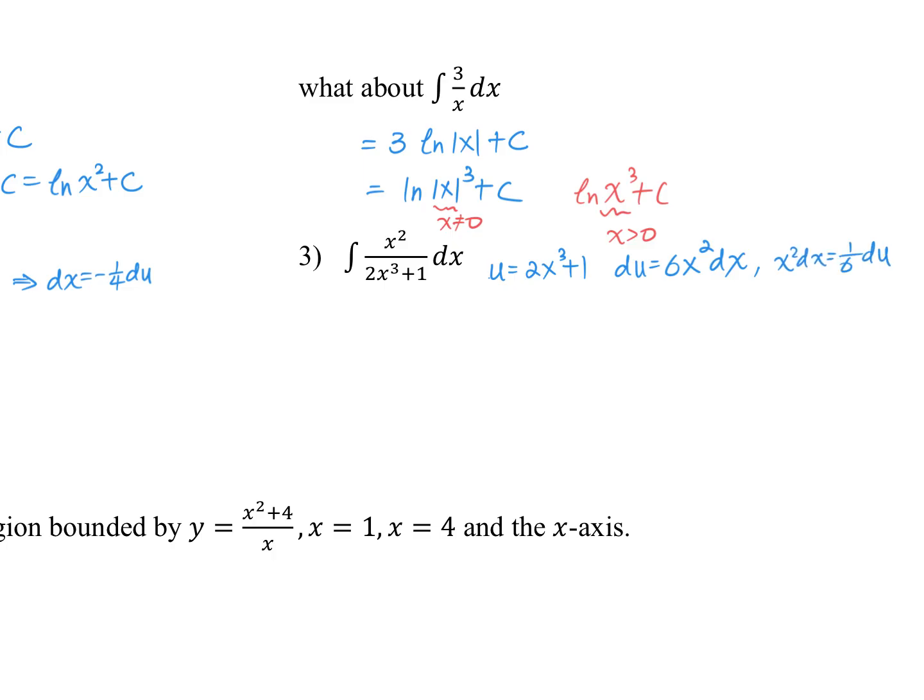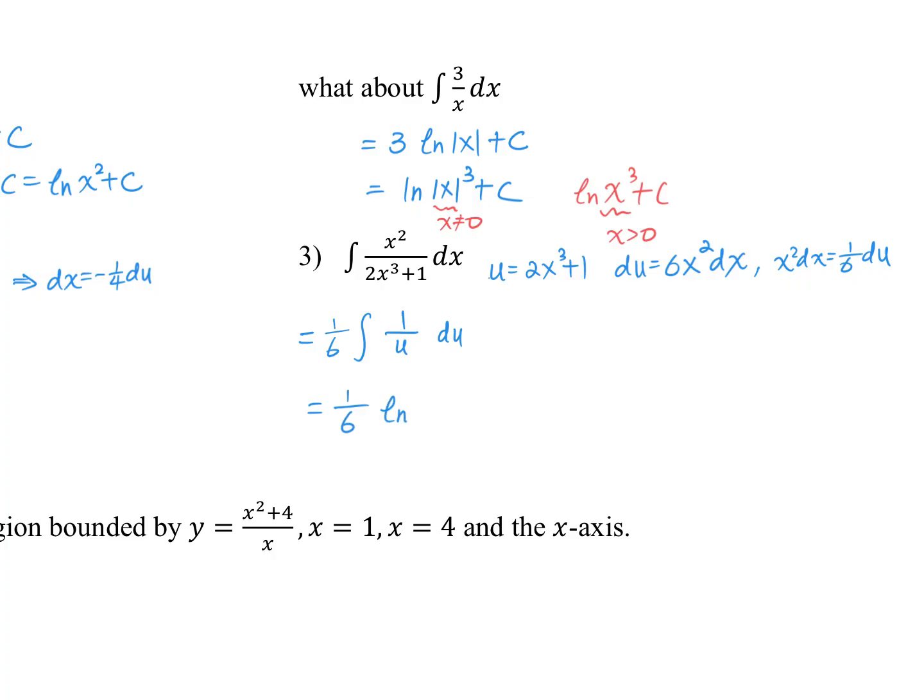Now let's do the substitution. So x squared dx becomes 1 over 6 du, and I'll pull the 1 over 6 out of the integral symbol. Now I have 1 over u, and this is equal to 1 over 6 ln.